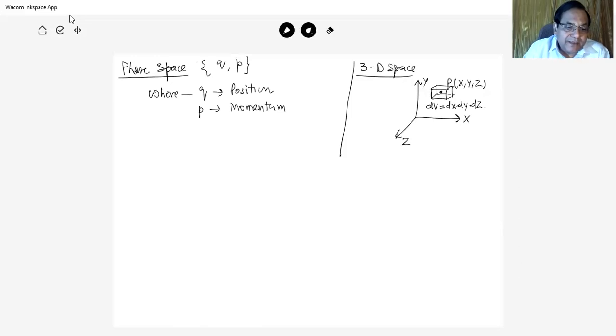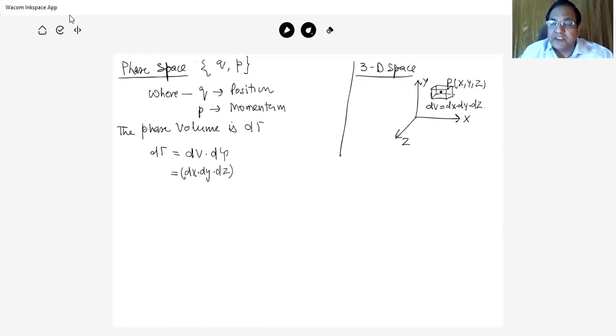So from the uncertainty theory, the phase volume is d gamma, and this d gamma is expressed as dV into d tau. What is dV? dV is dx dy dz.